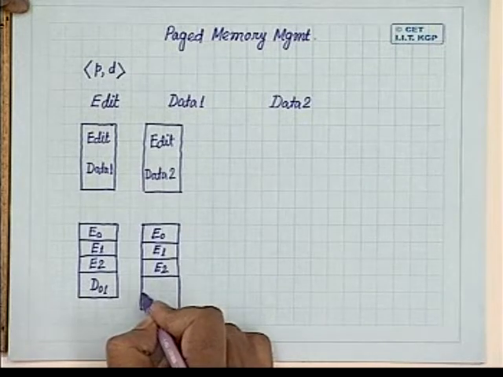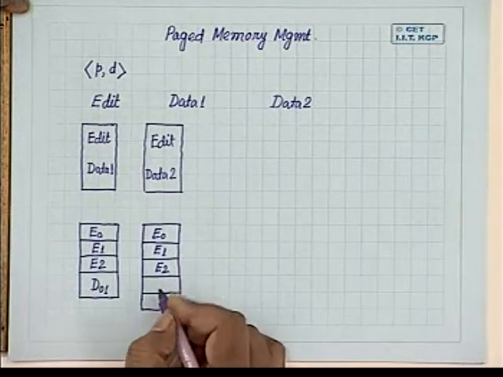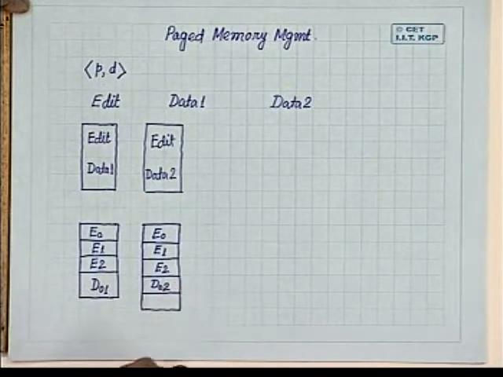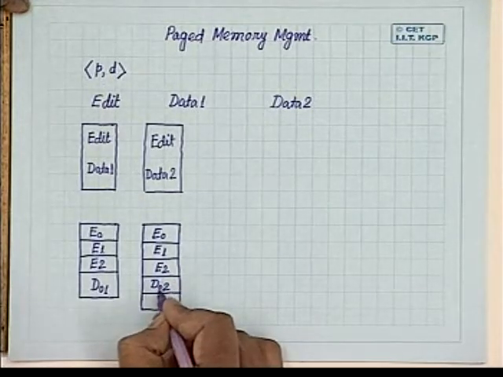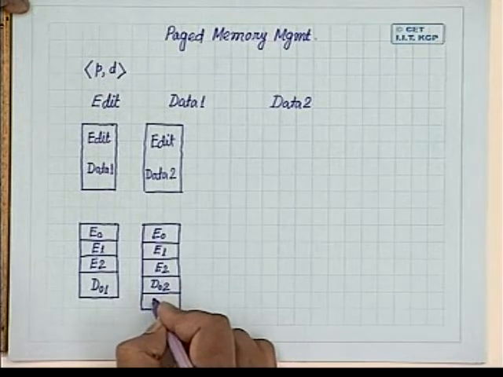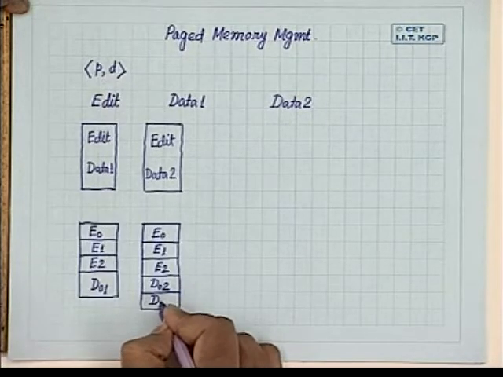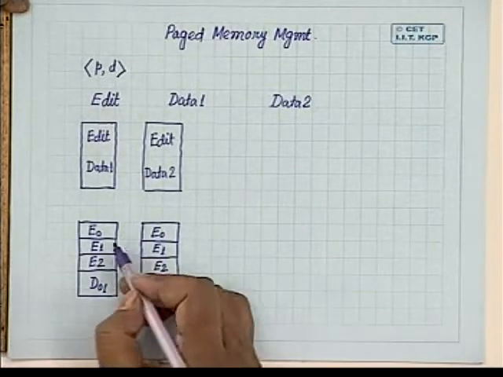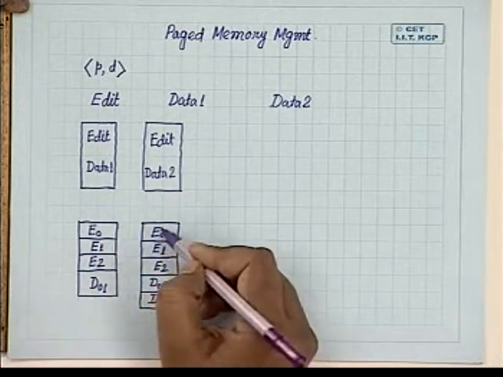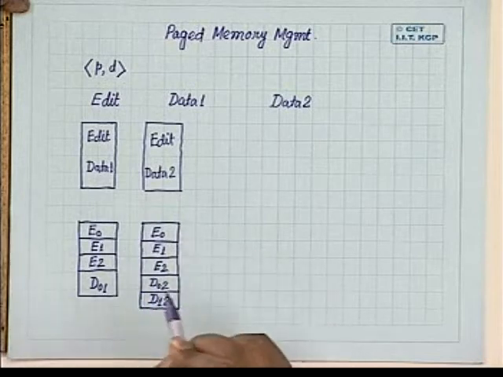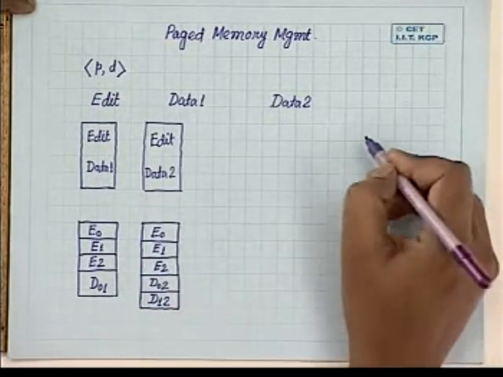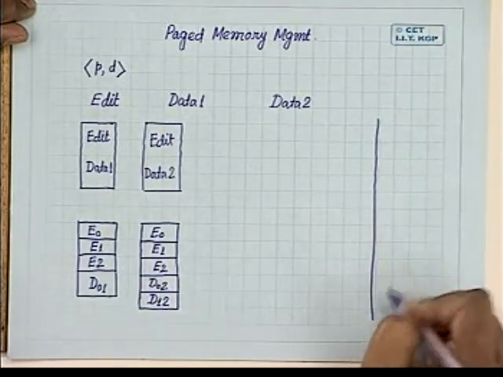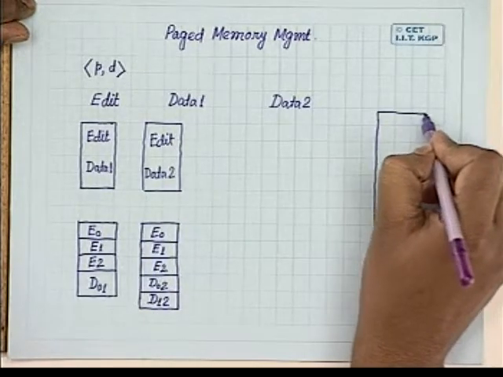The data part, if it is broken into two different pages, it will be D02, okay, for user 2, data page number 0, and D12. Okay. So this is the logical address space of user 1 and this is the logical address space of user 2. Now coming to the main memory, the frames in the main memory can be something like this.